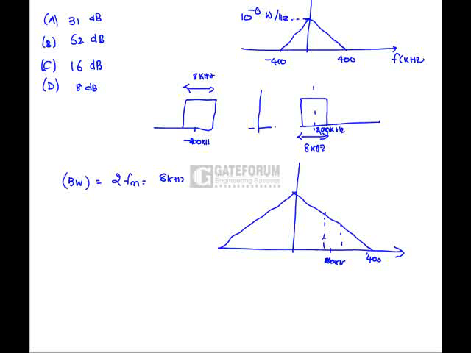The signal bandwidth is 8 kHz. Here also this one is minus 400 kHz, so exactly in the middle we get minus 200 kHz. The magnitude is 10 power minus 6 watts per hertz.